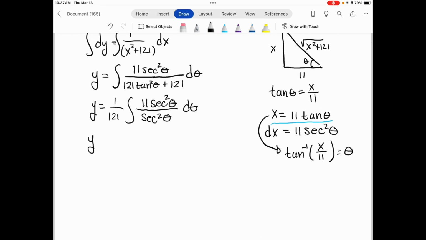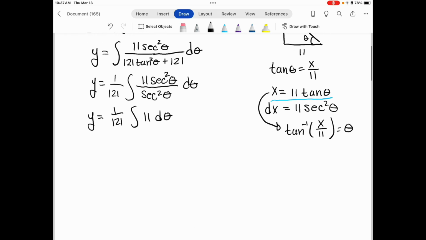So all of this comes down to, once we simplify it, the integral of 11 d theta. So I have y is equal to 1 over 121 times 11 theta plus c when I find the antiderivative.